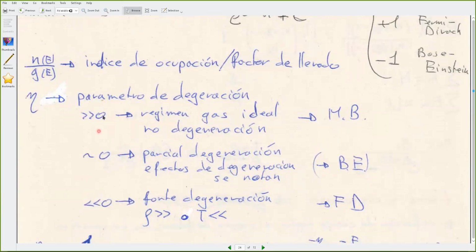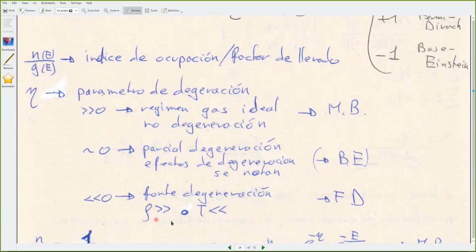While when this is definitely less than 0, remember in Fermi-Dirac we change with minus beta epsilon F, the Fermi energy multiplied by beta, negative. This starts to be a strong degeneracy, which means really high density.